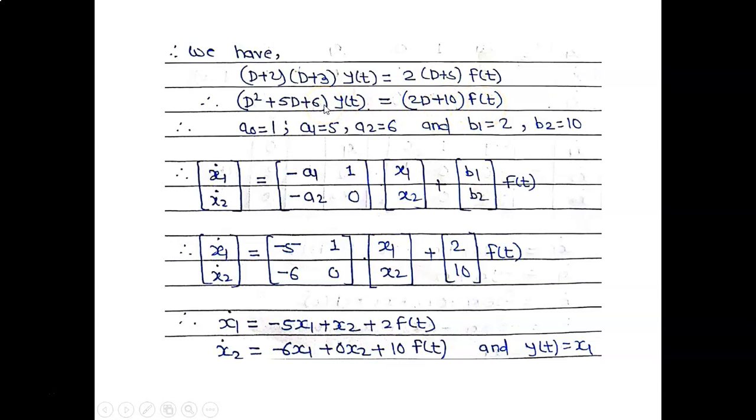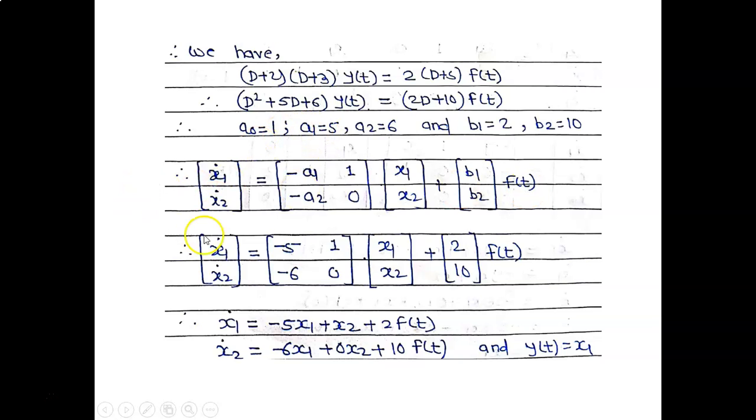Comparing with the standard form, we get a0 is equal to 1, a1 is equal to 5, a2 is equal to 6 and b1 is equal to 2, b2 is equal to 10. Therefore x1 dot, x2 dot is equal to matrix minus a1 1, minus a2 0 into x1, x2 plus b1, b2 into f(t).